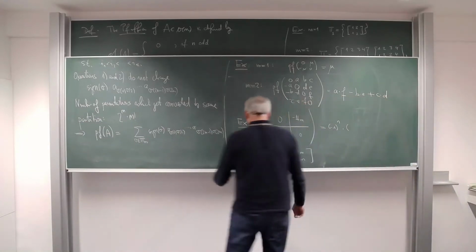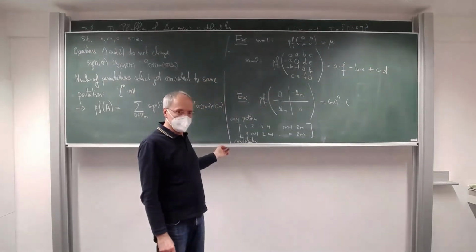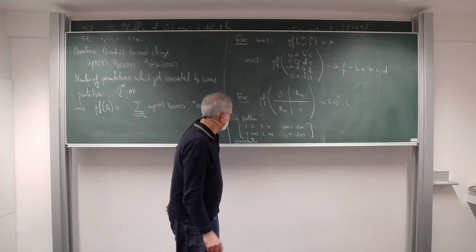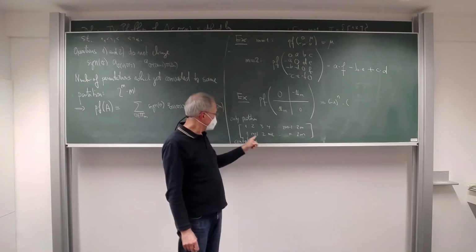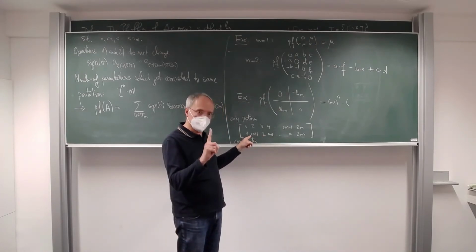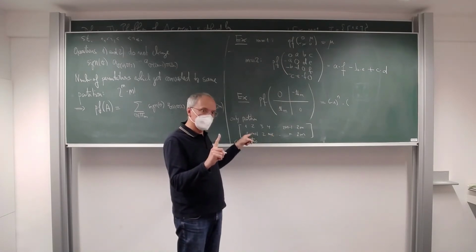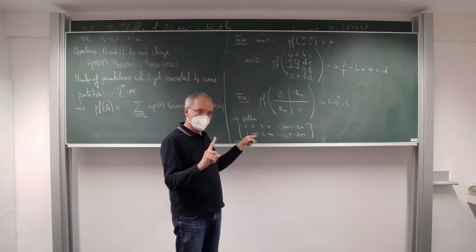We have to check how many transpositions we need in order to convert this into the identity permutation. So what would we have to do? Well, we can push the 2 in front, one transposition. Then we push the 3 in front, then we have 2, and so on.